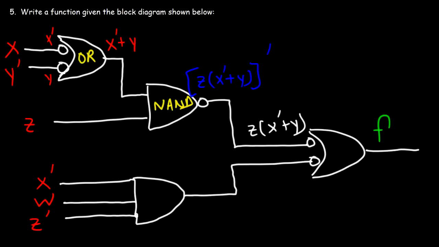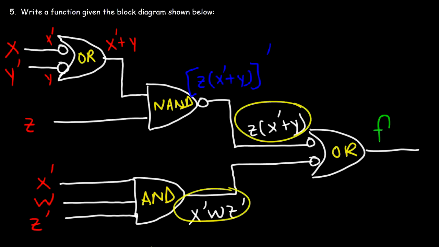Now here we have an AND gate, so we just have to multiply the inputs. So this is going to be X prime W Z prime. Now we have the OR symbol, which is just the NAND gate as well. So what we're going to do here is add these two expressions.